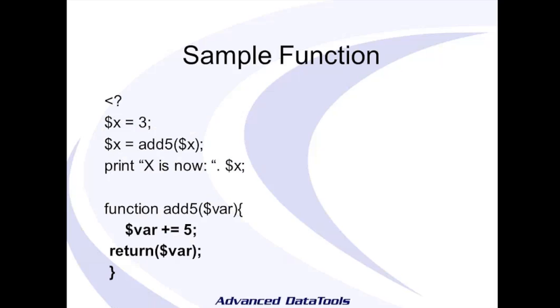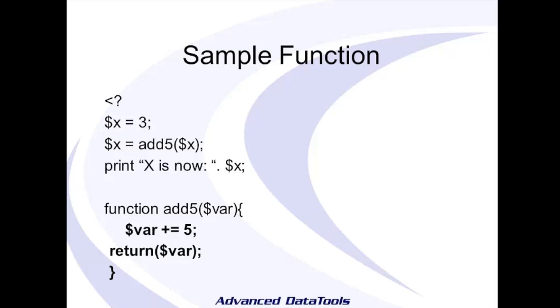So it's a very simple piece. All it does is take the variable that's passed, add 5 to it, and then return it. And then, back up in the main body, you see that x is equal to that. So x is equal to the original value of x plus 5. It's simple, it's straightforward.